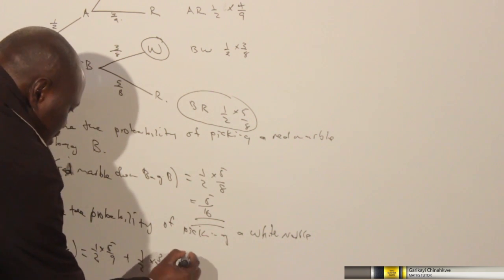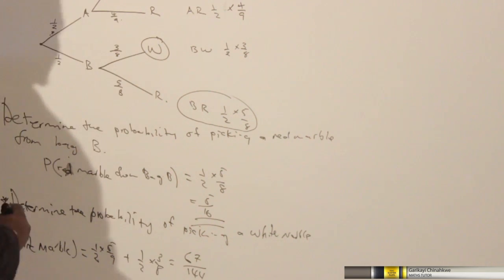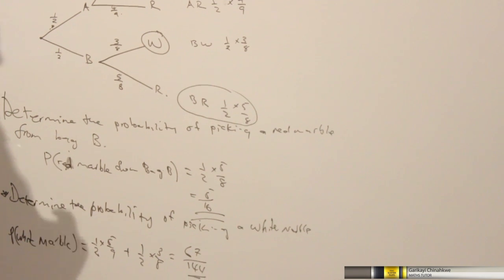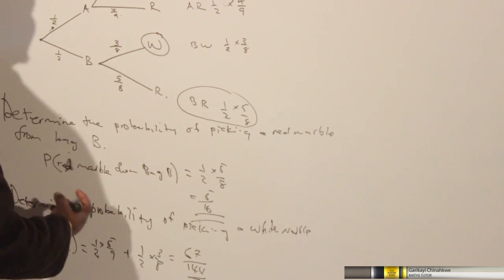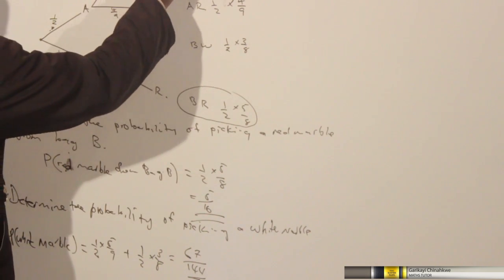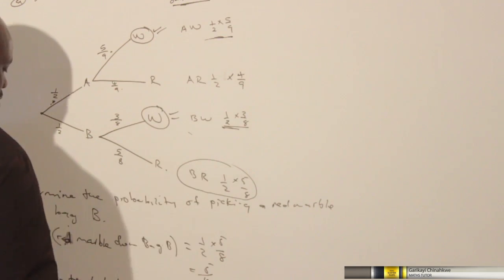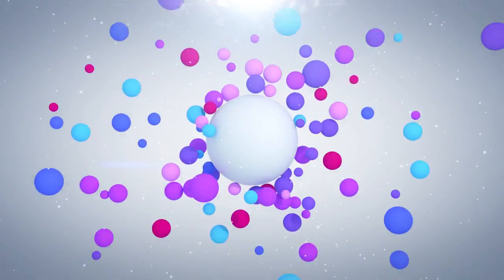Which gives us 67/144. That's the probability for picking a white marble. So white marble, it's irregardless where the marble is coming from, whether it's coming from bag A or from bag B. It must be a white marble. So we only get this one plus that one. That's how we do it.